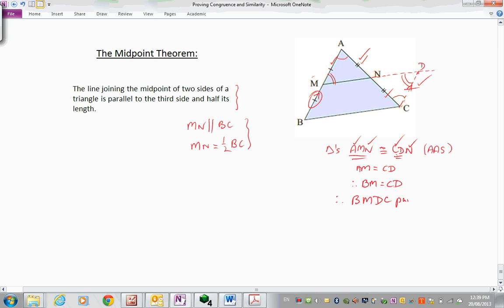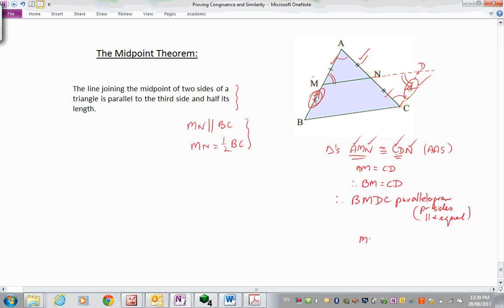MBDC is a parallelogram because we've got one pair of opposite sides parallel and equal, and that's enough to establish a parallelogram because we've got two parallel sides and they're equal.